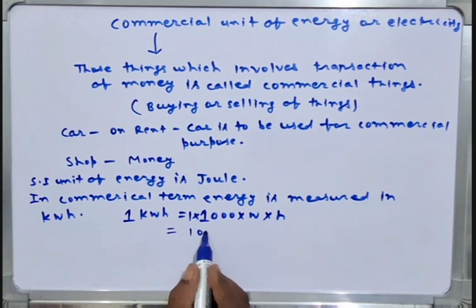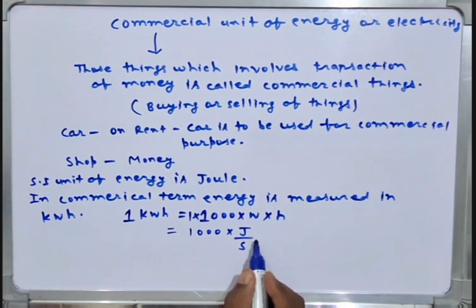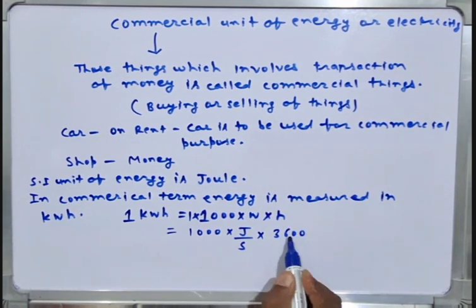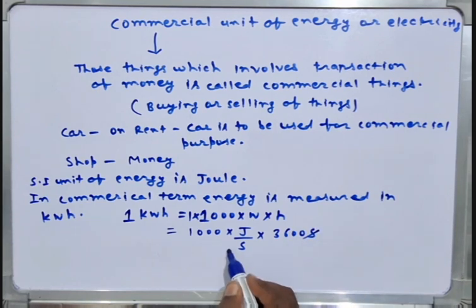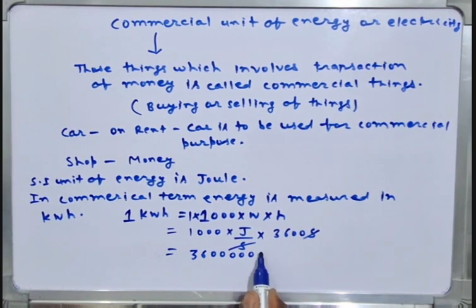Next we can write this: the unit of watt is joule per second, and H in hours is equivalent to 3600 seconds. So the seconds cancel out, and you will get 1000 into 3600 J. So this will come 3.6 into 10 to the power of 6 joule.